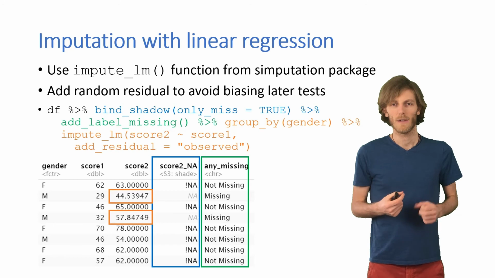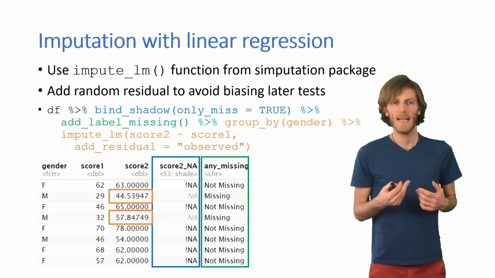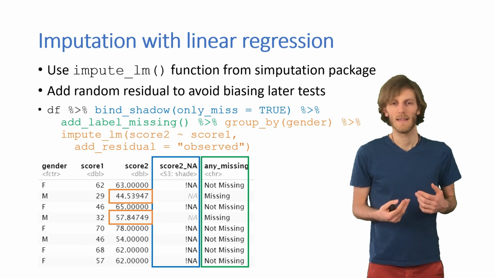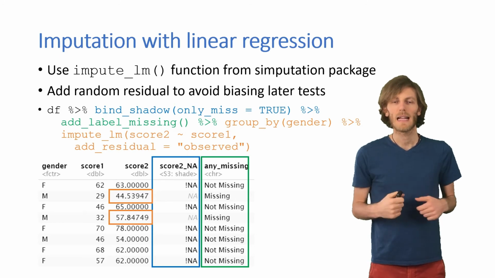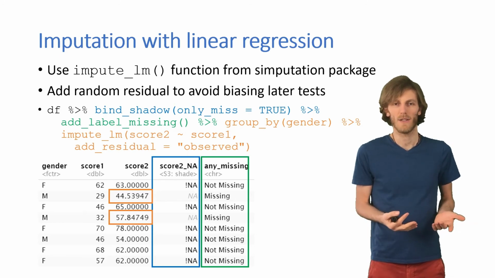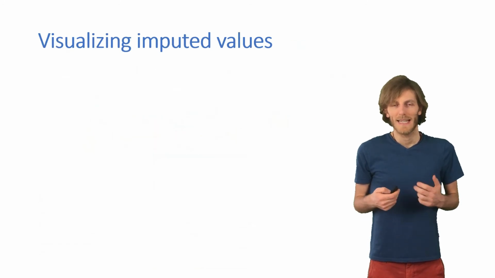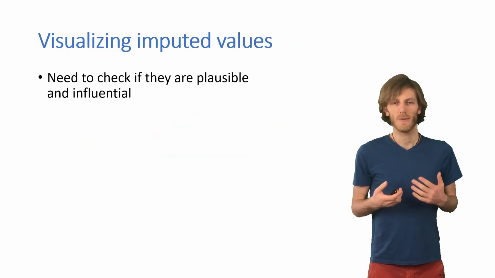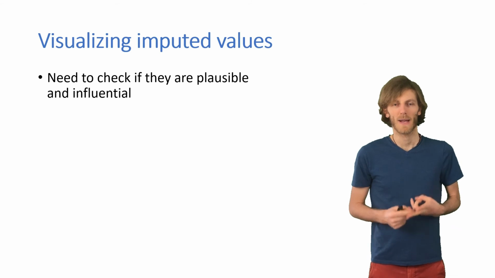We can see that it's now imputed 2 new values in the places that used to be NA, and the 2 columns we added with the naniar package help us to identify them later on. It's important to identify them later on because we need to check that the imputed values are plausible, and we will want to check whether they are influential, whether they make a difference.